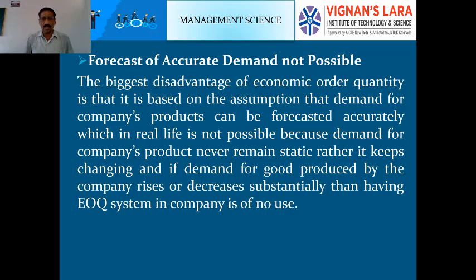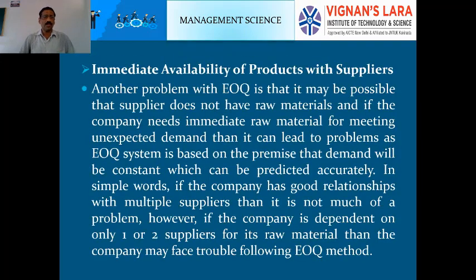Customers' income may not be estimated according to employment, etc. Maybe employment opportunities are provided or not, salaries increase or not. So, forecasting the demand of a product is not at all 100% accurate. Next limitation, immediate availability of products with suppliers.